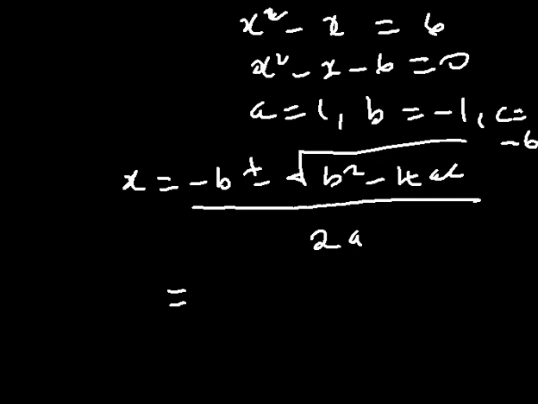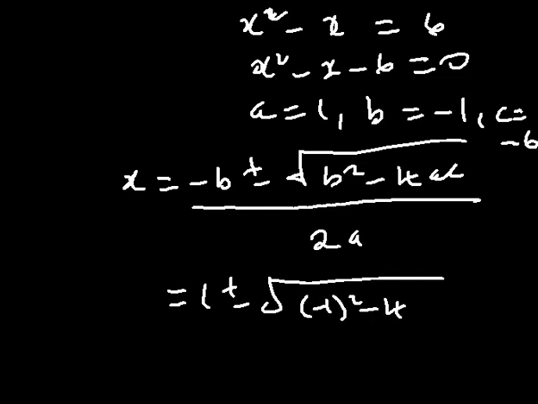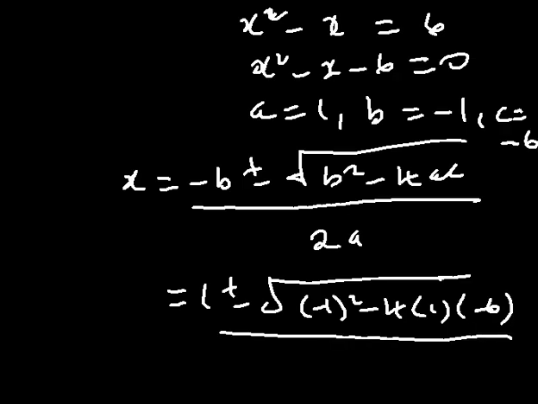That is negative 1. In terms of this negative, we have a positive 1 plus or minus square root of b, which is negative 1 to the power 2, minus 4, what is a? 1. And what is c? Negative 6, divided by 2a. And what is that?